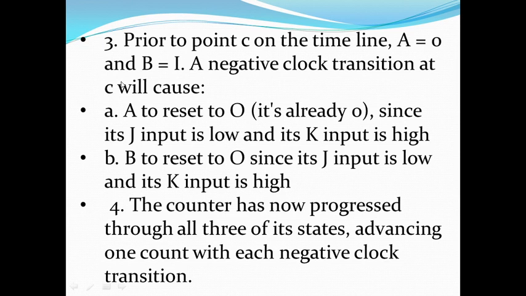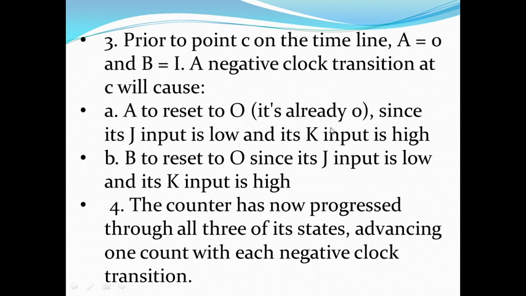So prior to the third clock pulse, that is prior to the point C on the timeline, A is equal to 0 and B is equal to 1. So a negative clock transition at C will cause A to reset to 0.